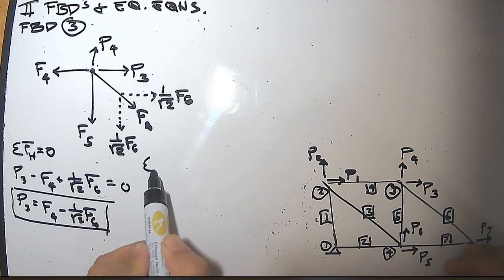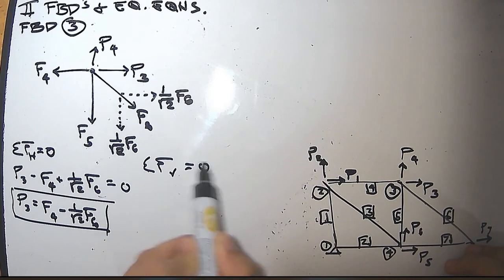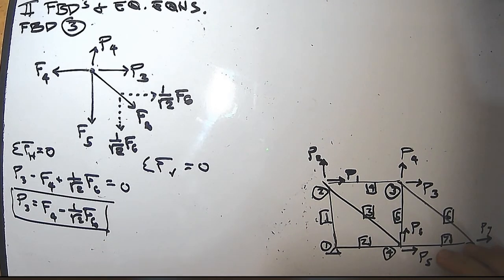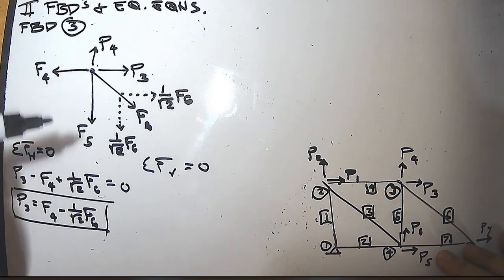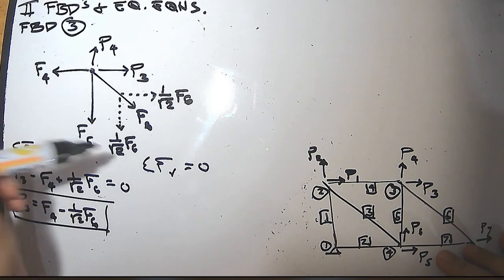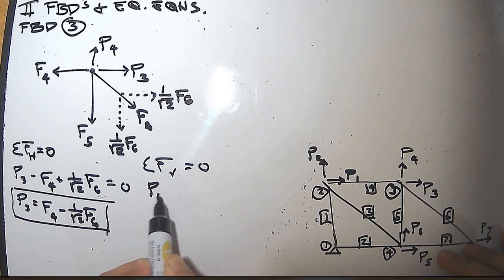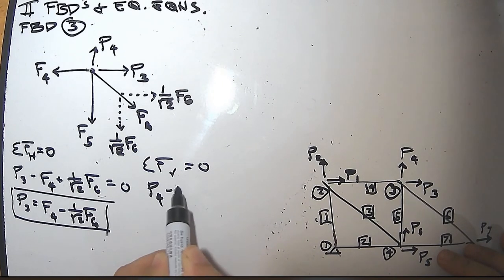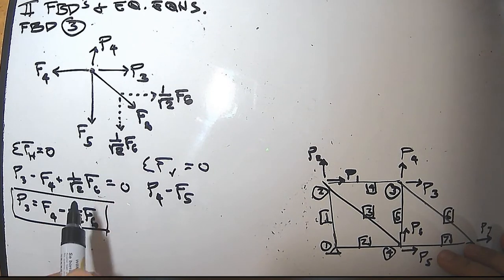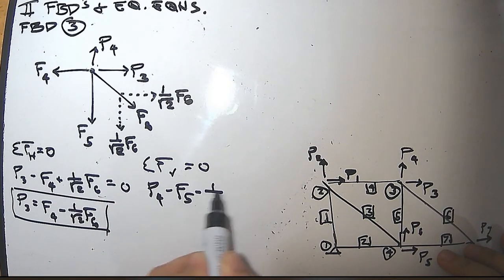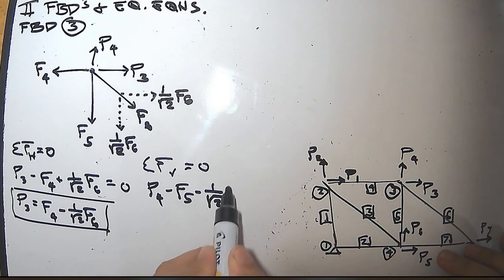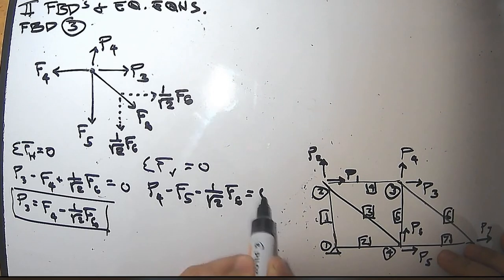Next is summation forces vertical is equal to 0. So, ang kailangan natin dyan, you have P4, F5, and then F6. So, taking upwards as positive. Okay? So, we have P4 minus F5, since pababa siya, minus 1 all over square root of 2 F6 is equal to 0.